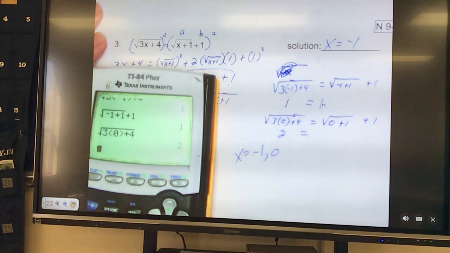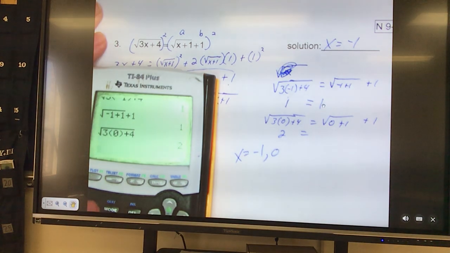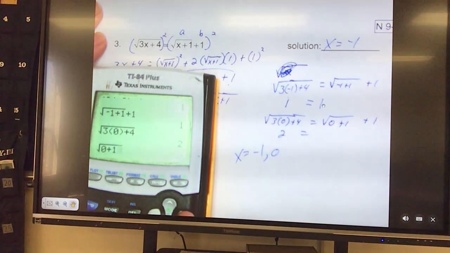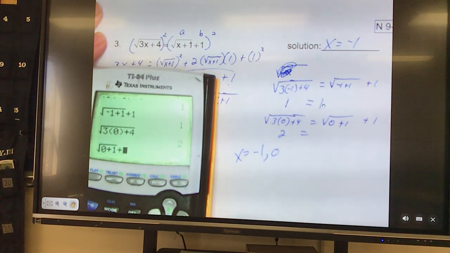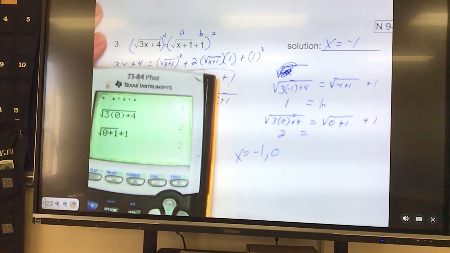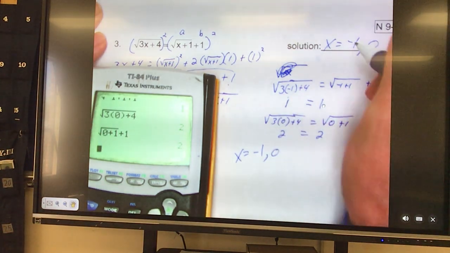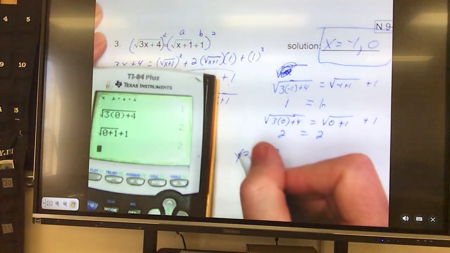Let's see if the other side will equal 2. So second square root 0 plus 1, move out from underneath, plus 1, hit enter, and it equals 2. So it works as well. So both of those are answers.